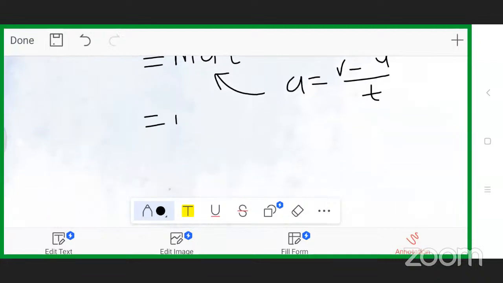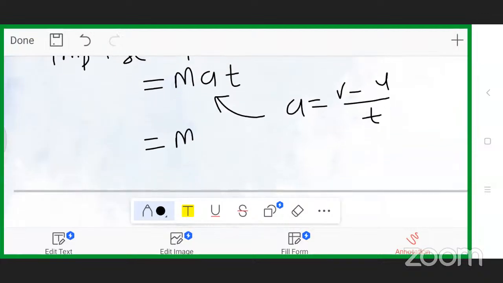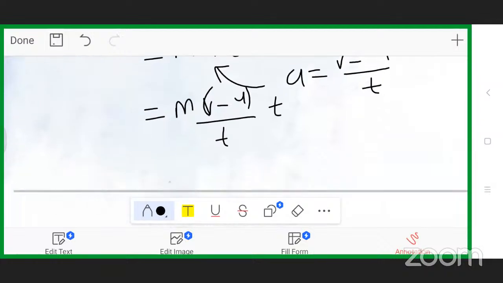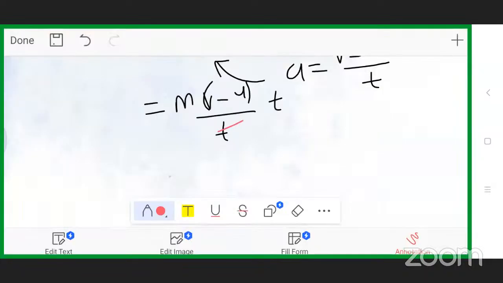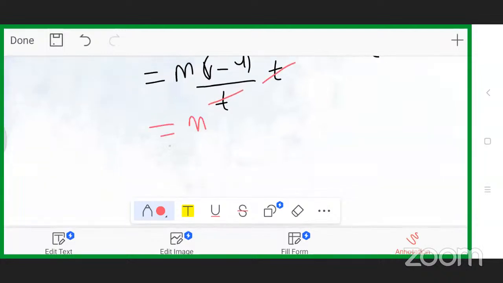So you can have m times a, which is v minus u over t, times the time. And then this looks beautiful because you can cancel the t and the t and end up having m into v minus u, which you can open up the bracket to get mv minus mu.